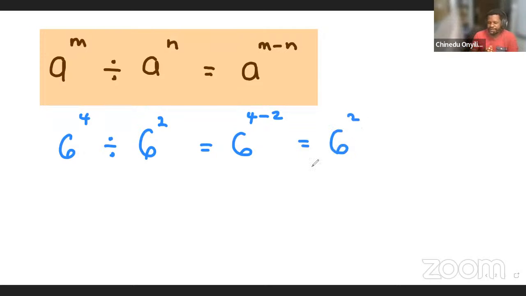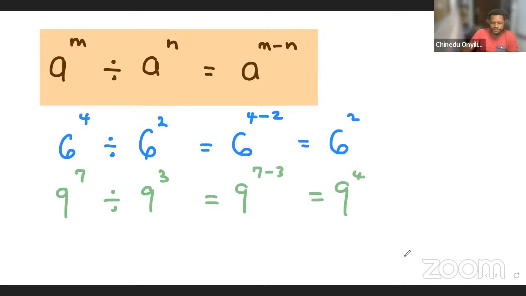We just want to leave our answer as a base to a power, okay? In the same sense, you can have another example. Let's say you have 9 to the power of 7, and you divide this by 9 to the power of 3. Again, since you have the same base of 9, take one of the 9s, and then you subtract the powers, which is 7 take away 3, which gives you 9 to the power of 4.